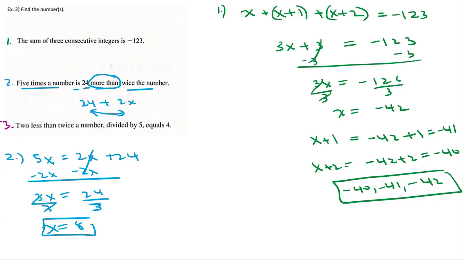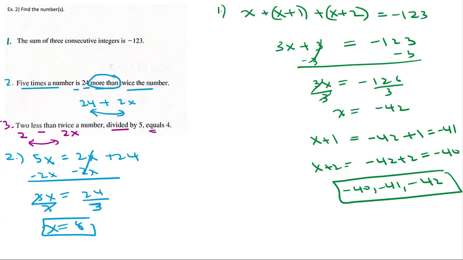All right, and then for the last one here, it says 2 less than twice a number. Again, 2 less than is a minus, twice a number, 2x. So again, when it says less than, we have to flip these. Divided by 5 equals 4.